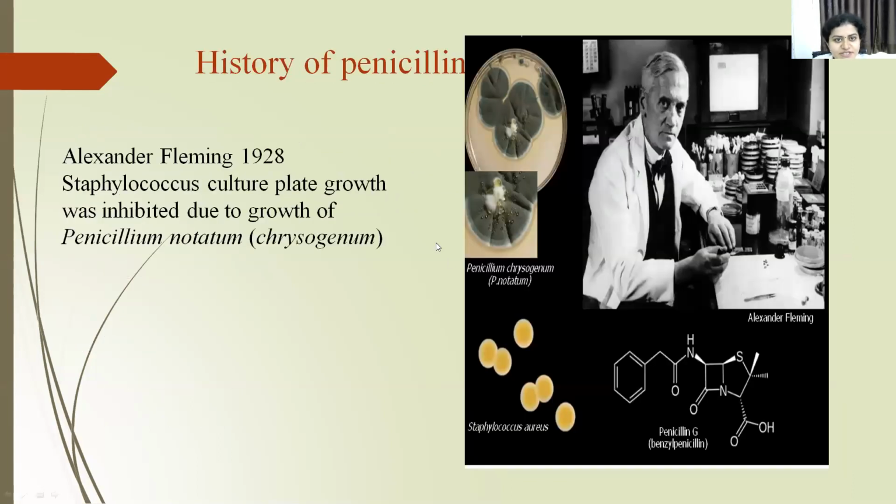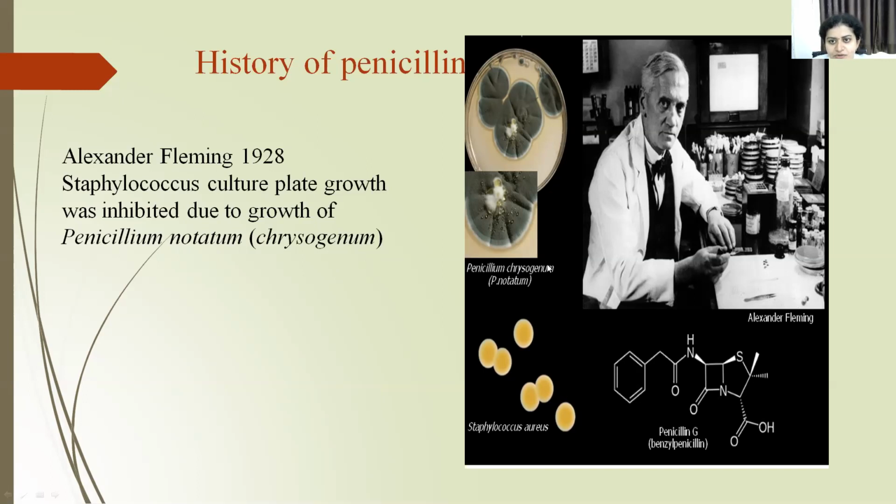What is the history of penicillin? Penicillin was discovered by Alexander Fleming in 1928. He found that Staphylococcus aureus culture plate growth was inhibited due to the growth of Penicillium notatum, or Penicillium chrysogenum.